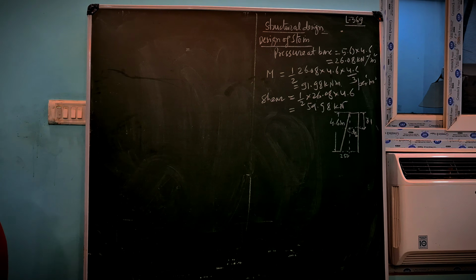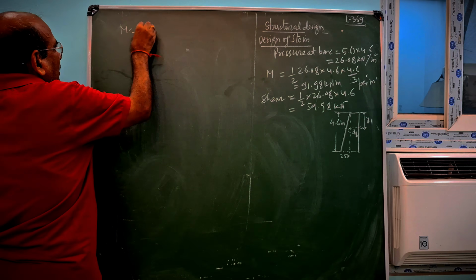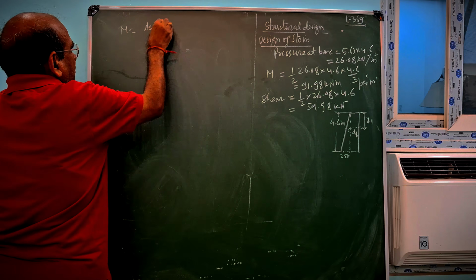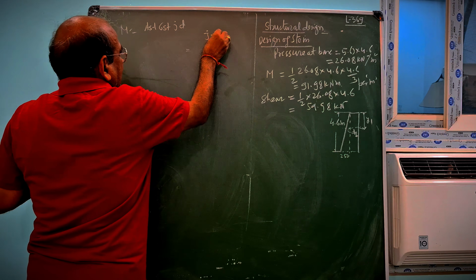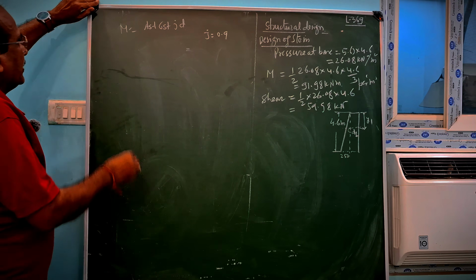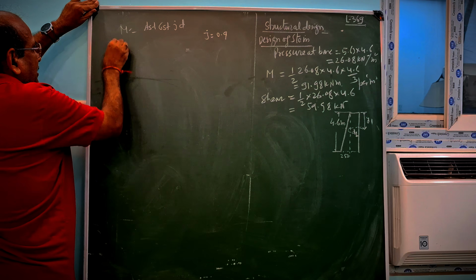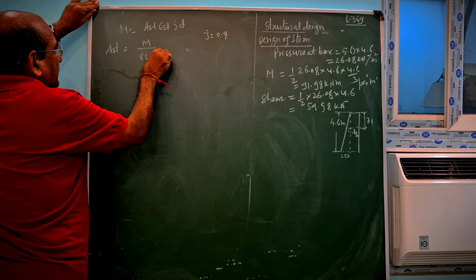For the moment, we have M equals Ast sigma st into jd. Here j you can take as 0.9 or 0.87. So you can always find Ast equals M by sigma st into jd.